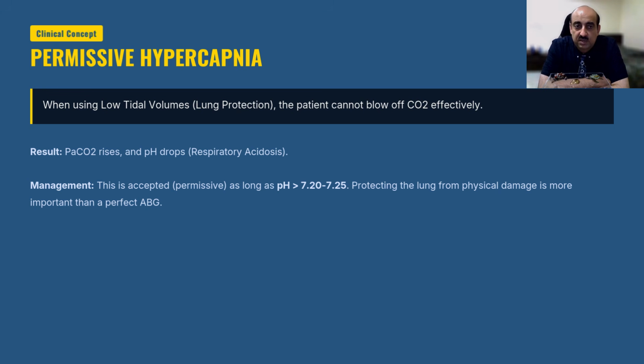Yes, but as long as the pH is maintained between 7.2 and 7.25, i.e. not severe respiratory acidosis, then this is acceptable. It is permissive hypercapnia, because the benefit of protecting the lung from physical damage is far more important as compared to achieving a perfect arterial blood gas.